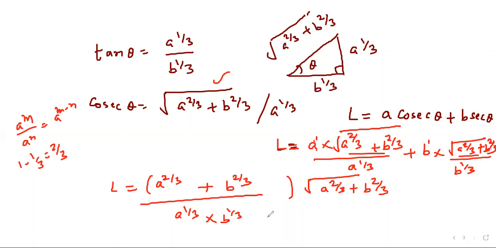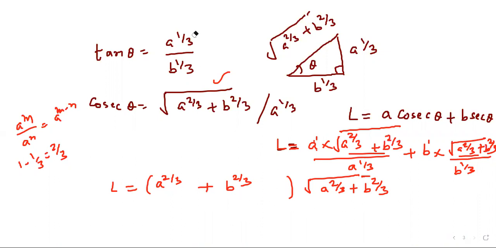So what do we get? Now this is power half, and so here I've written it wrongly, because when a power 1 divided by a power 1/3 is simplified, we get a power 2/3 plus here b power 1 divided by b power 1/3 will become b power 2/3.